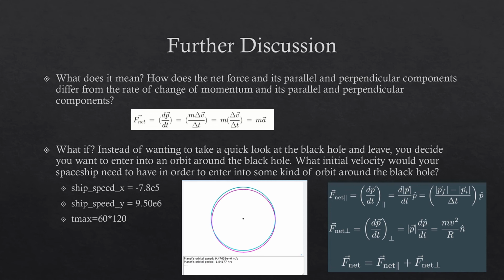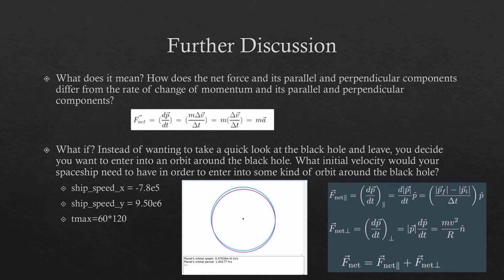So the individual components of the calculations are much different, needing the parallel and perpendicular components. And from this, in the change in momentum specifically, you get the parallel of FNet and the perpendicular of FNet to get the true FNet, as shown by the image.